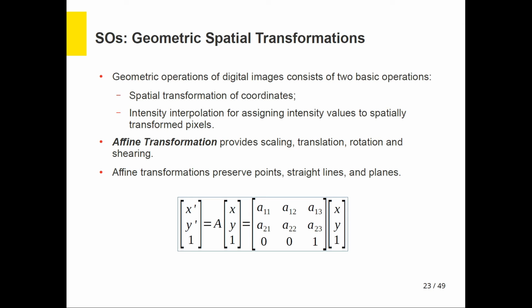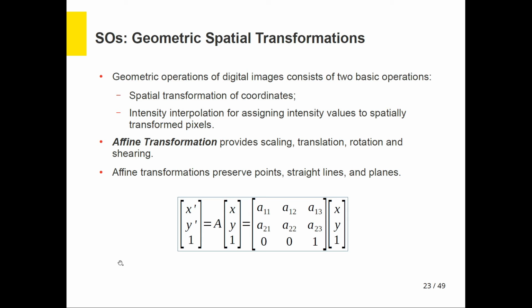There are different types of geometric spatial transformations, but for now we use the set of affine transformations, which can provide scaling, translation, rotation, and shearing. Affine transformations are very useful because they preserve points, straight lines, and planes within an image.